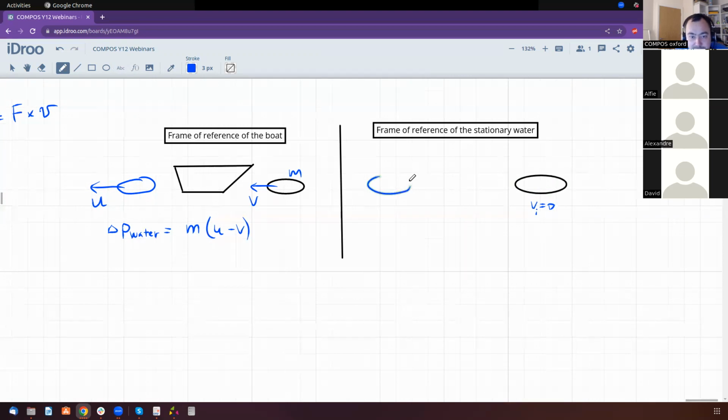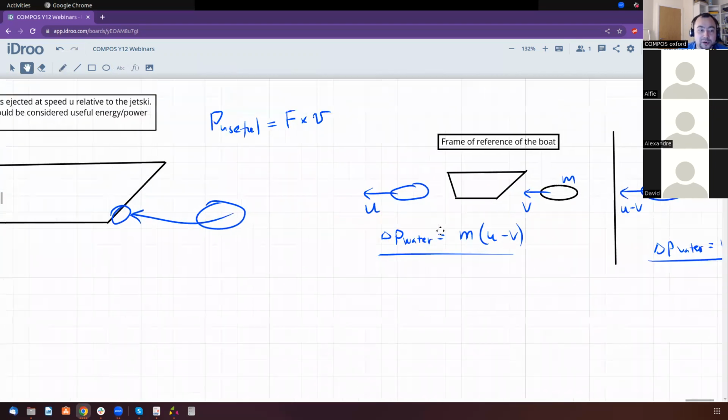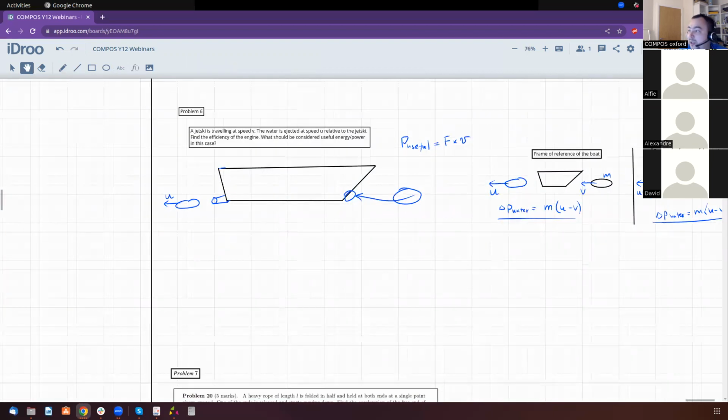And the final velocity, if it's u relative to the boat, that means it's moving at the speed of the jet minus the speed of the boat, u minus v. This is the speed of the stream of water coming from the back. And the change in momentum of water is the mass times (u minus v), which is the same thing. So that's good. We're on track.